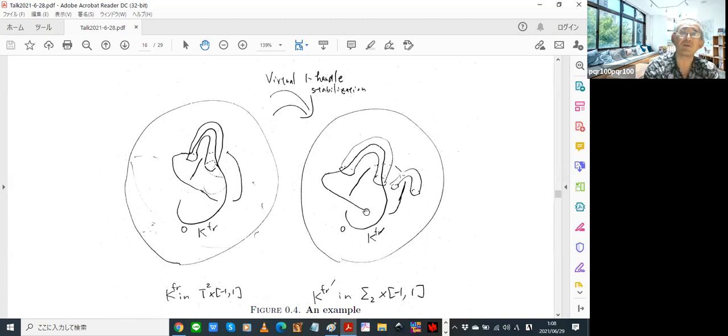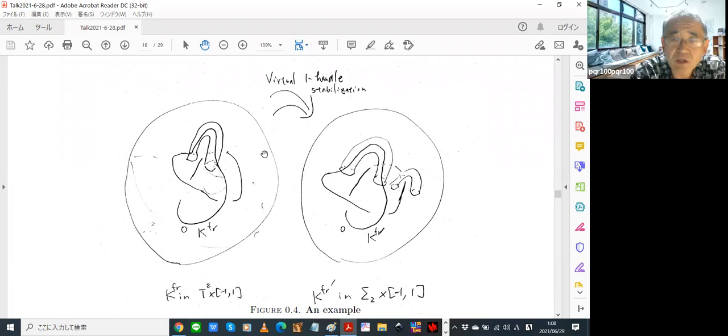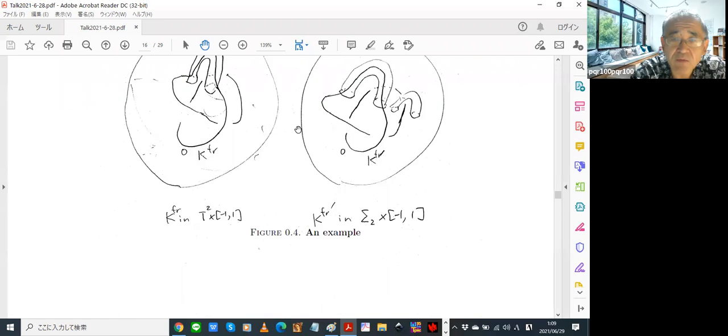Probably it makes sense. Regard it as a four manifold, and this stabilization makes an equivalence relation. I think it makes sense. Anyway, we define virtual three manifold.